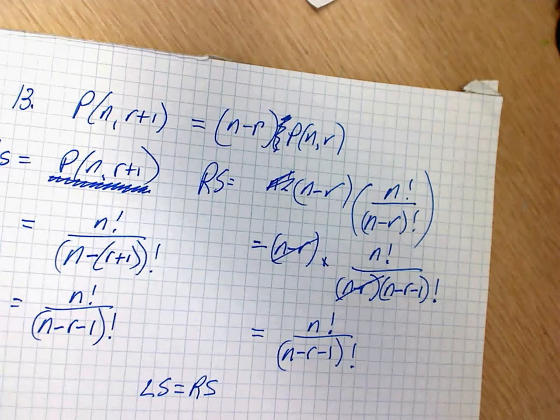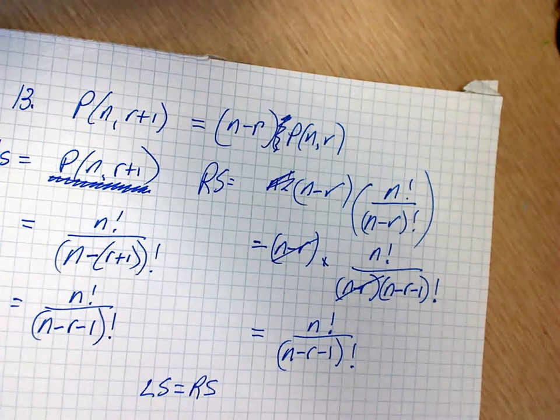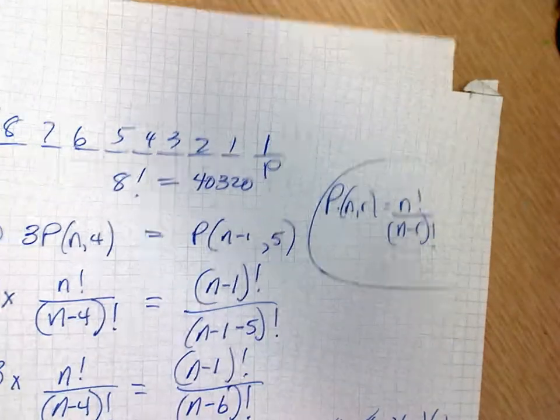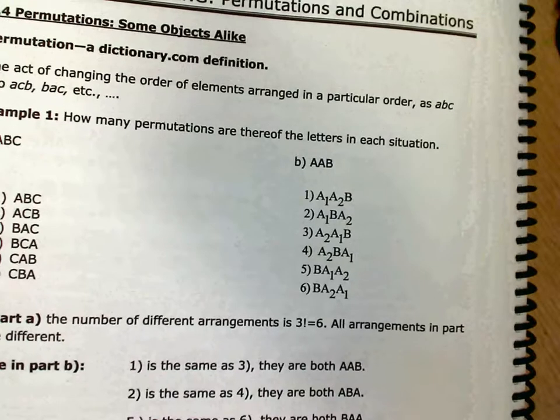So let's do today's lesson, which is on what happens when you're arranging things and some objects are alike. Okay, look at what happened.